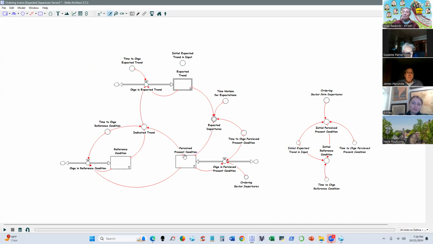Now it's perception. Perception is used to make the reference condition the anchor. Then the trend is computed and the managers form an opinion of the trend, and using the opinion of the trend and the perception of the input, expectations are formed.